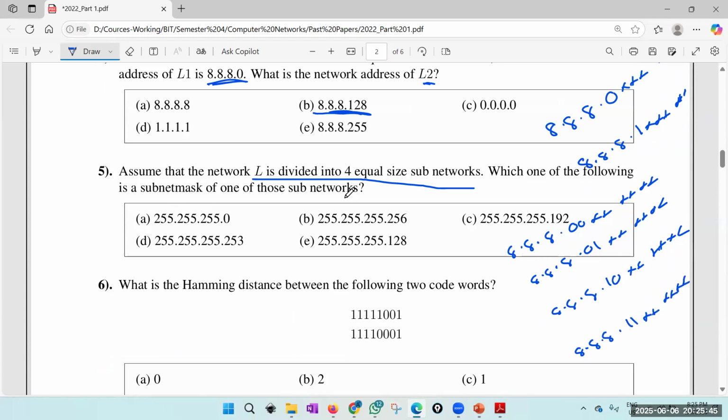Now the question: which one of the following needs a subnet mask? There must be only one subnet mask.